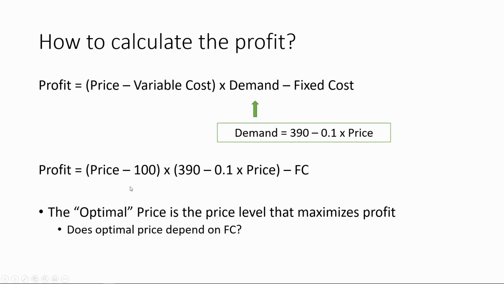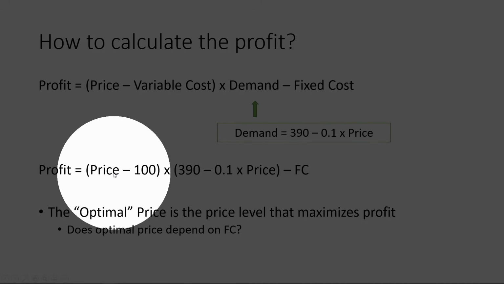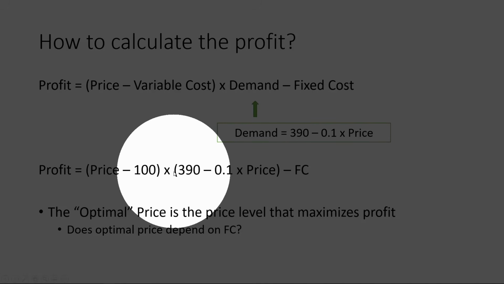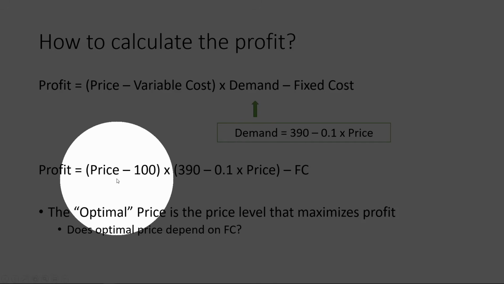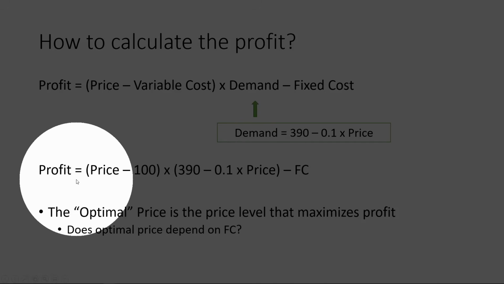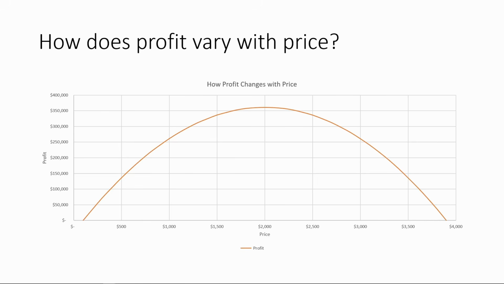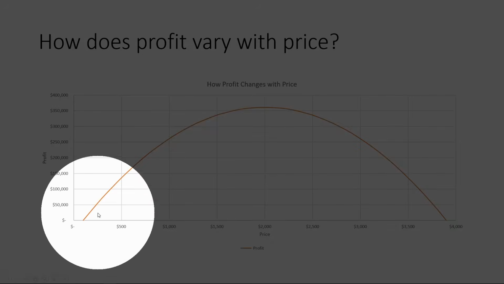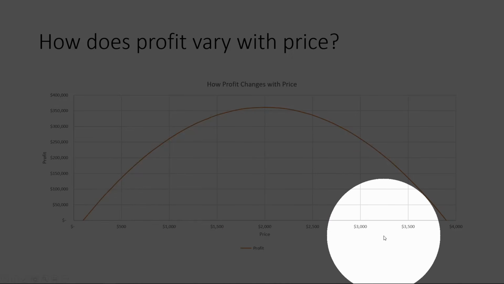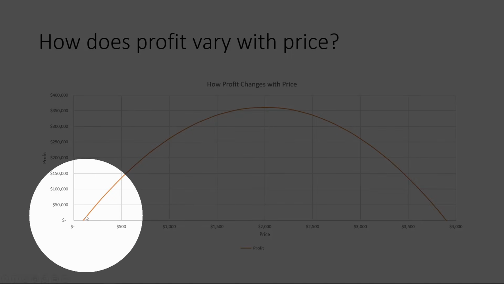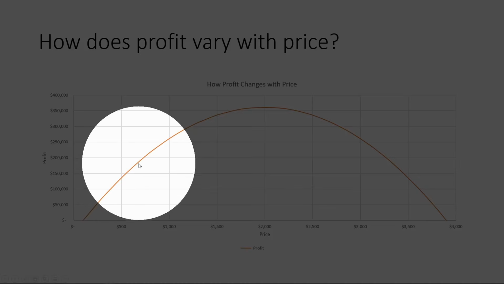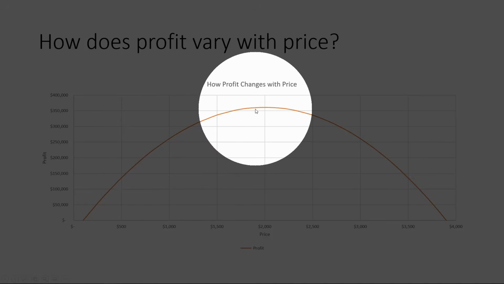The next question is, given this formula, price minus 100 times 390 minus 0.1 times price, what does the relationship between price and profit look like? Here is what the relationship looks like. We have price and profit. In the lower range of prices, when price increases, profit also increases.